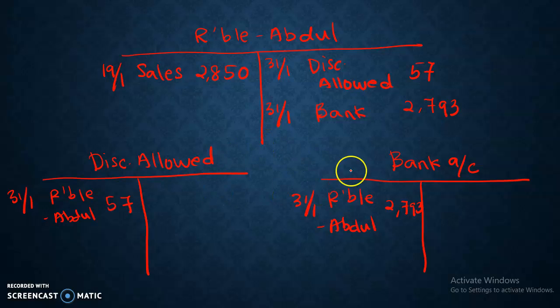So these will be the ledger entries for receivable Abdul, discount allowed and bank accounts in your books of accounts.